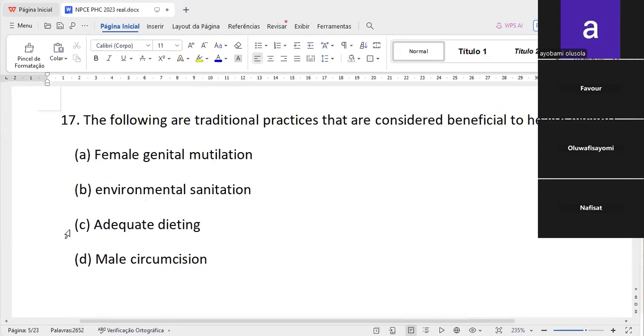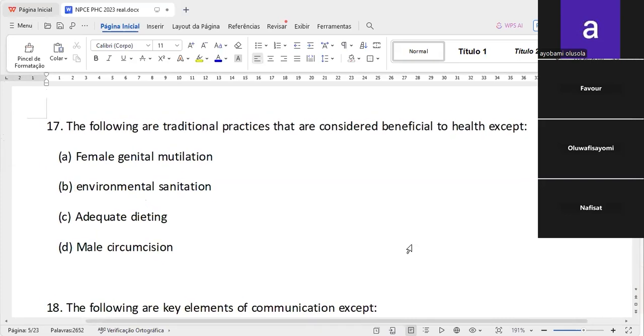The following are traditional practices considered beneficial to health, except female genital mutilation. That's the answer. Female genital mutilation is also female circumcision. People should stop circumcising females. It is the removal of the skin that covers the clitoris.